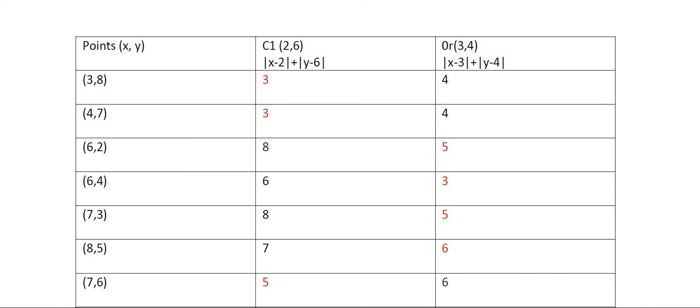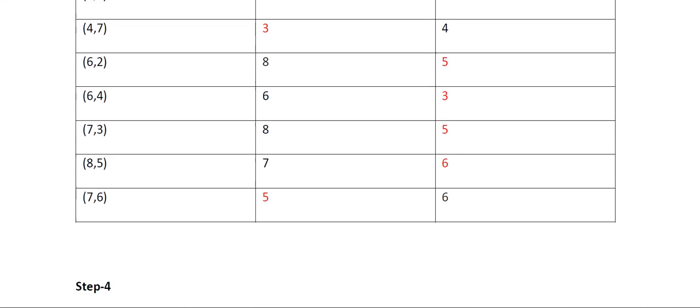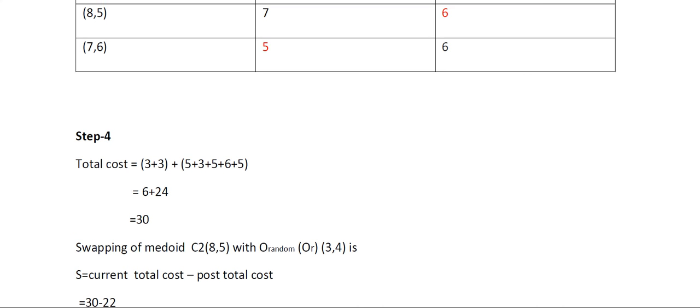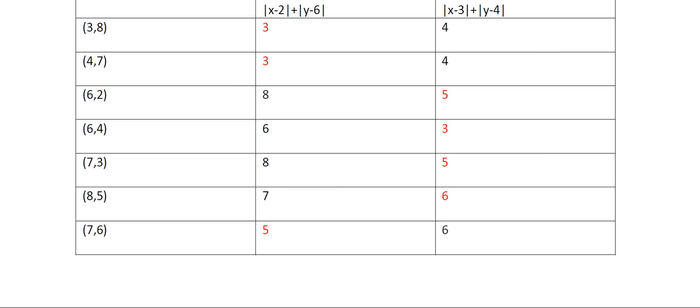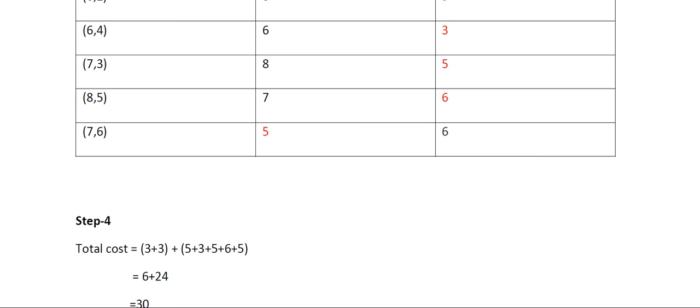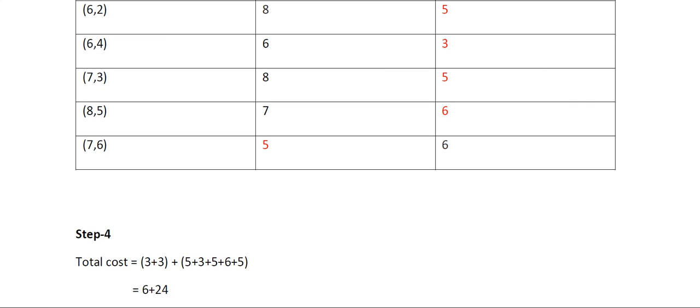We got these values. Our next step is to add C1 and OR. For C1 we got 3, 3 and 5, and for C2 OR we got 5, 3, 5, 6 and 3 plus 3, and here this 5 I have taken.